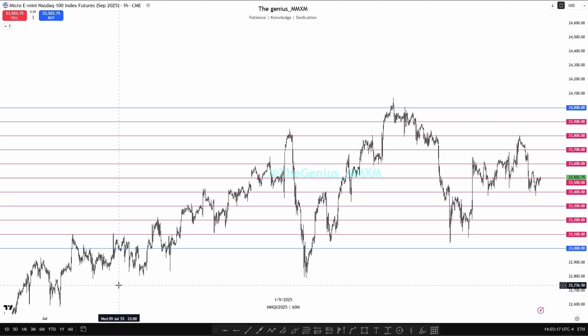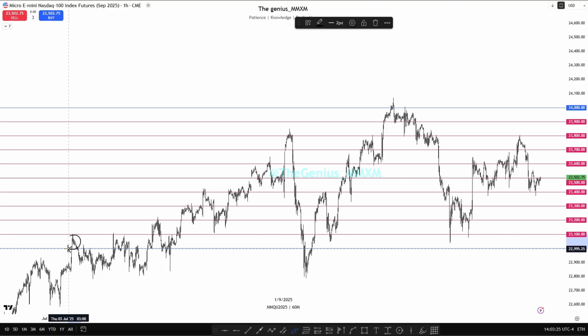Now, let us have a look at a chart example. As you can see here, we try to enter the 23,000 price range, but we failed because we rejected this level.